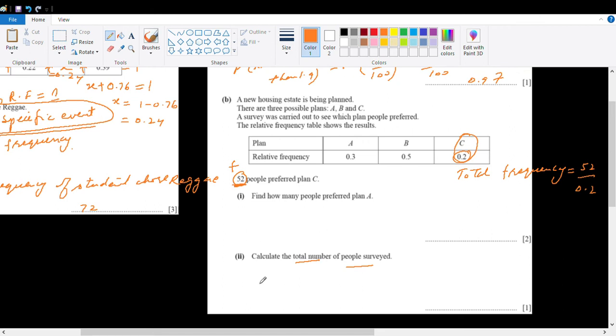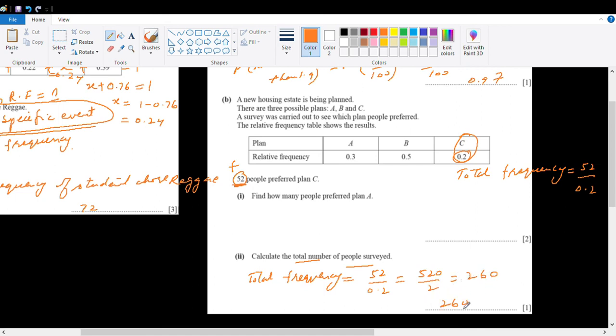So if we want to find the total frequency, let's quickly figure it out. Purposely I'm doing this part first. The total frequency will be equal to 52 over 0.2, which simplifies to 520 over 2, that is equal to 260.